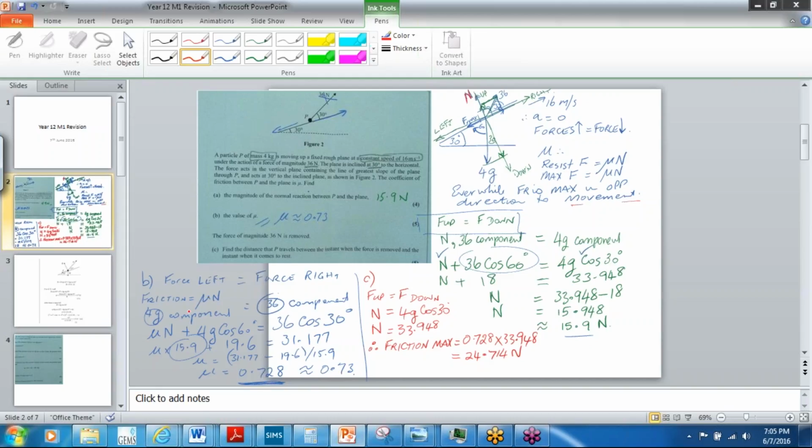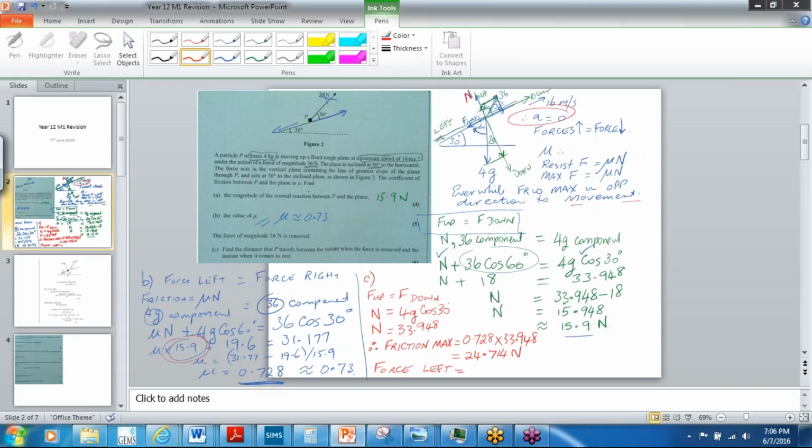Now let's come over here. What's changed? Our friction component, this value changes. This value is gone. So really, there is an acceleration now. So the forces left will not equal the forces right. In fact, there's only forces left. So let's have a look at what the forces to the left are.